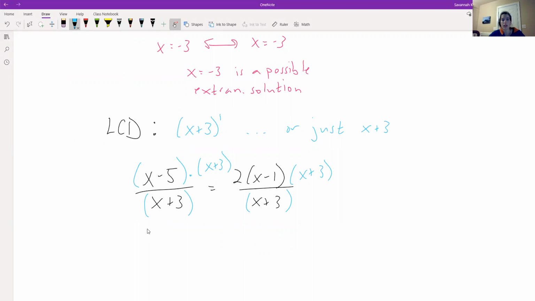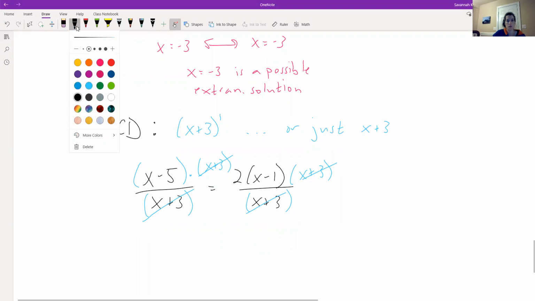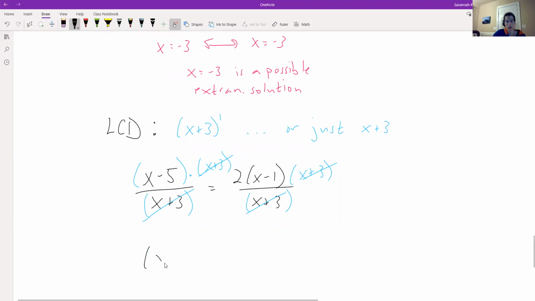So the canceling here, because the LCD was found under both factors, the canceling is very simple, doesn't leave much behind. So we get x minus 5 equals 2 times x minus 1.